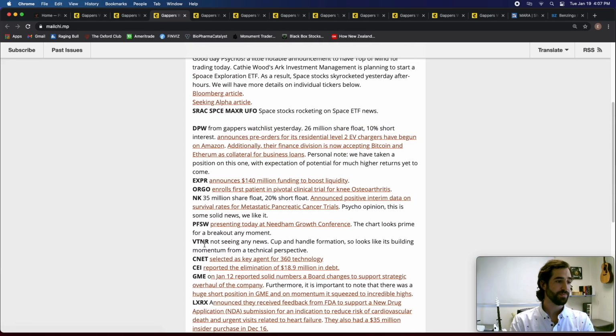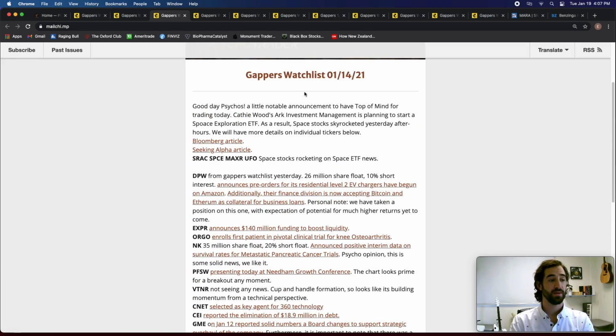So the 14th was when Cathie Wood from ARK Investment announced that she was planning to start a space exploration ETF, and as a result, space stocks skyrocketed after hours, and we will have more details on individual tickers. Okay, here are two articles referencing this that we just described, and then here are some individual tickers that are involved in the space industry that we listed, and here you go.